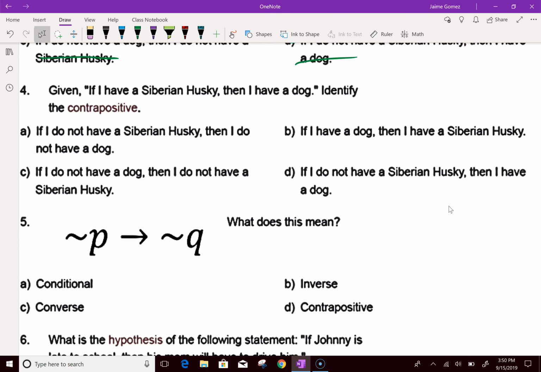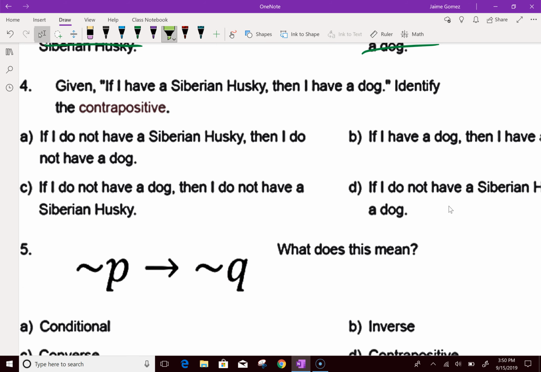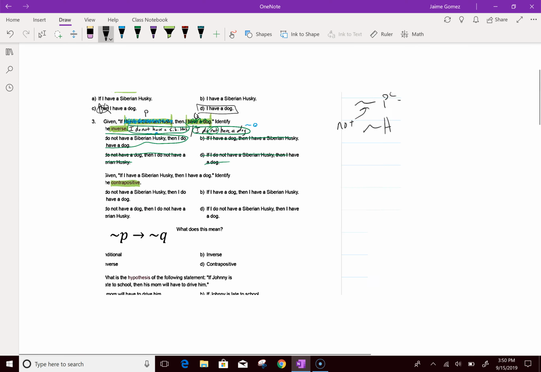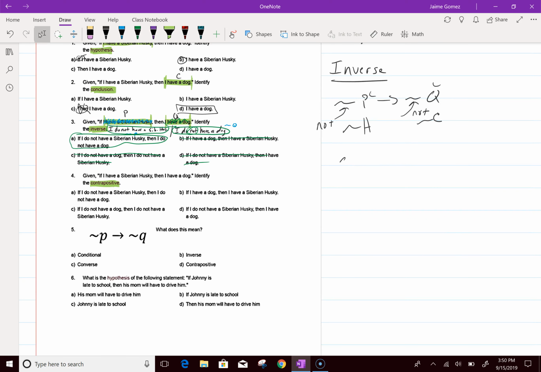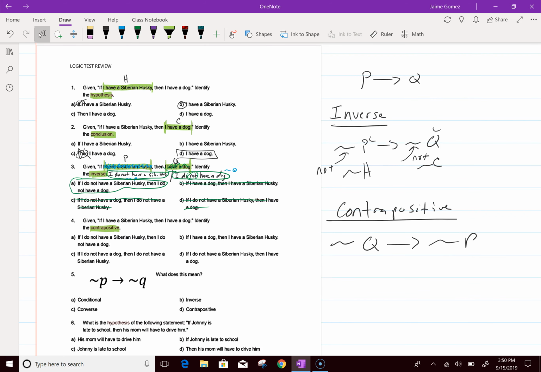Number 4. Given if I have a Siberian Husky, then I have a dog, identify the contrapositive. Contrapositive means not Q, not P. Now remember that was for the other note, so keep that in your notes.